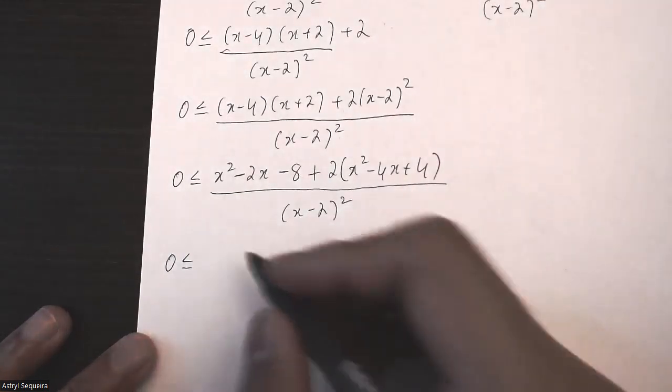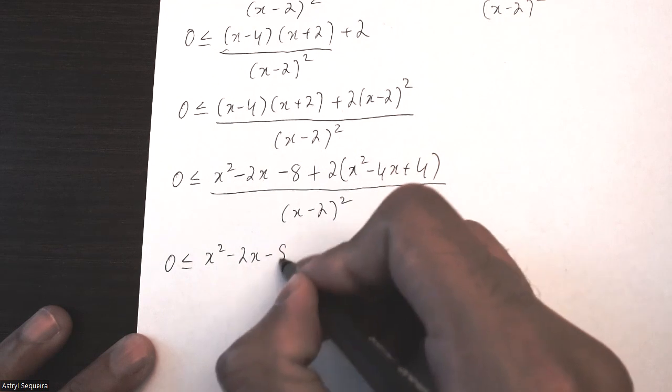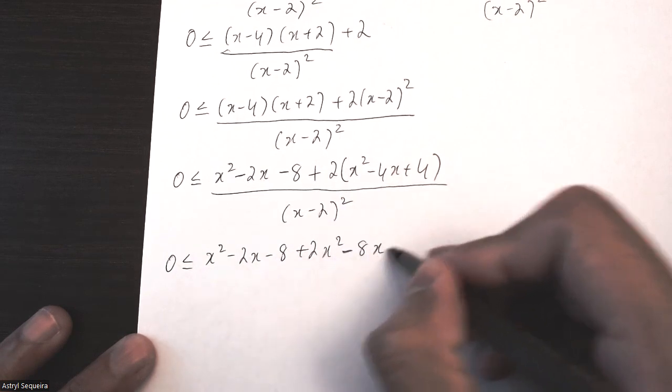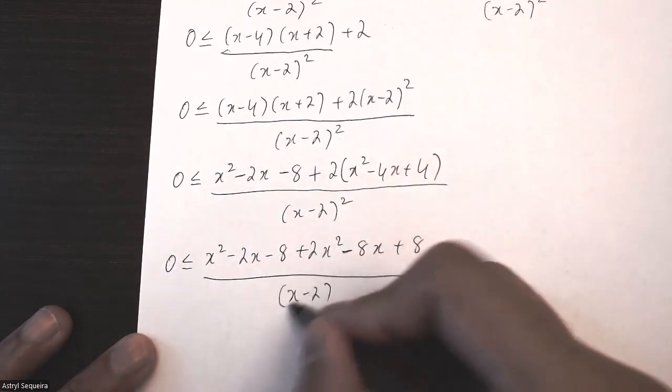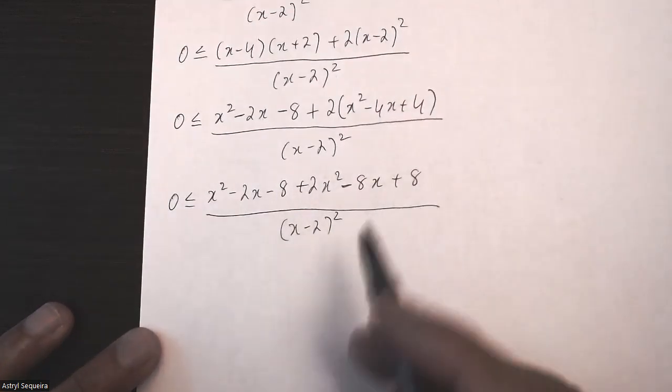And then I'm going to distribute this 2 into the bracket. And finally, I'm going to combine like terms in the top.